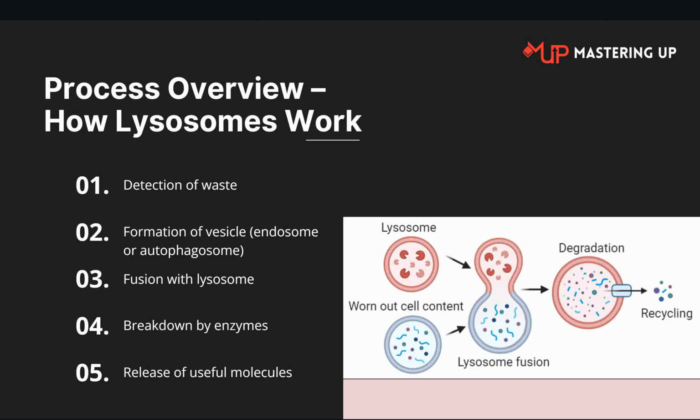Let's see how these processes work. First, the collection of waste and then the formation of a vesicle, that is, an endosome or autophagosome. The next step is the fusion with the lysosome and then the breakdown by enzymes. Finally, release of useful molecules.